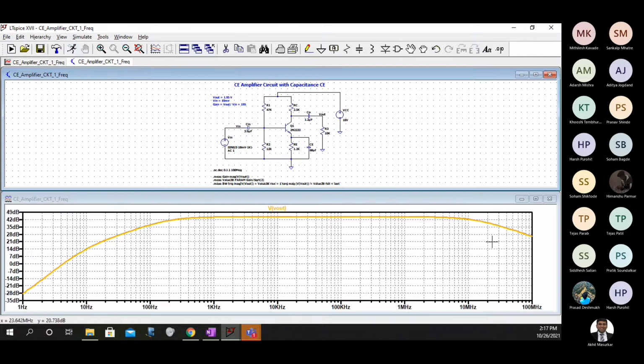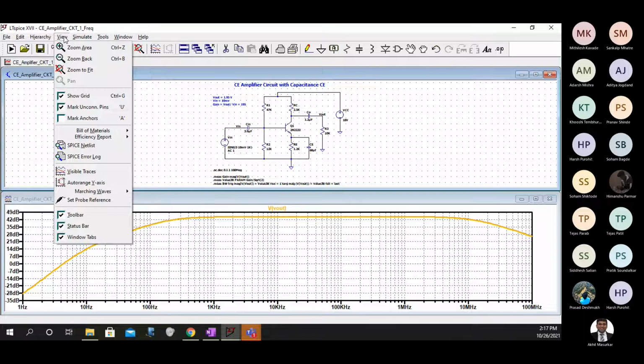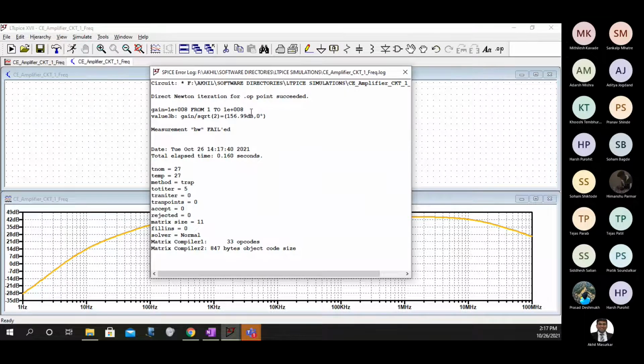Let's run it. So you can see the graph won't get affected, only the values don't get populated if we are not. So you can see here that the 3 dB value is 156.99 dBs. Okay, but that is something funny.